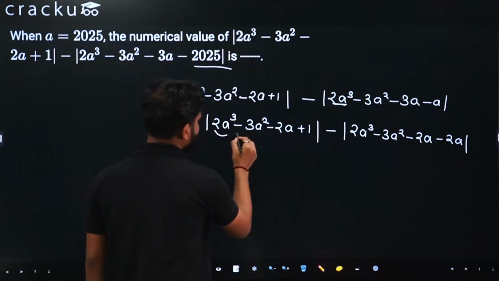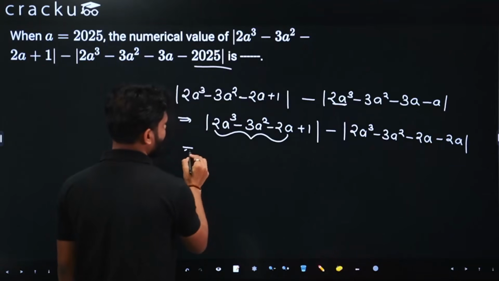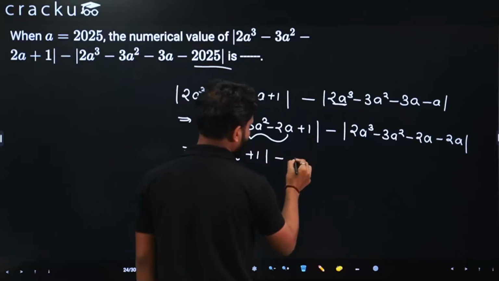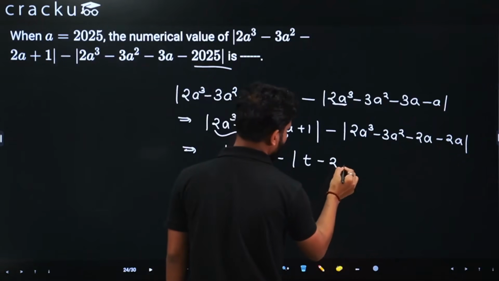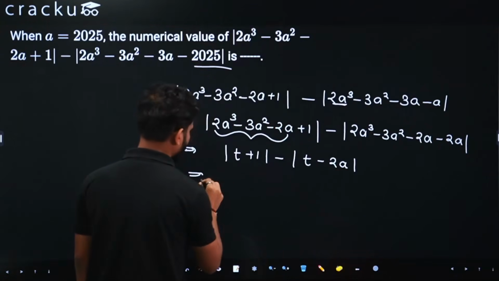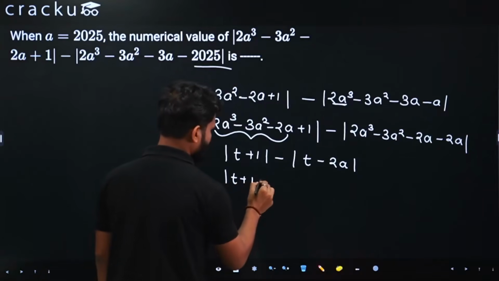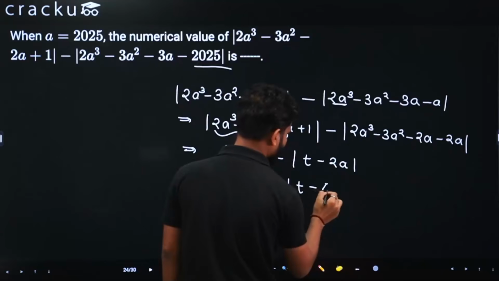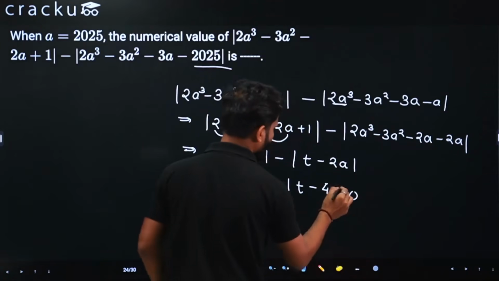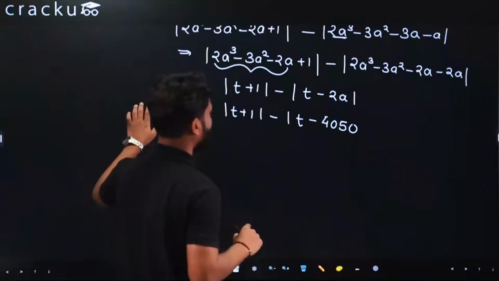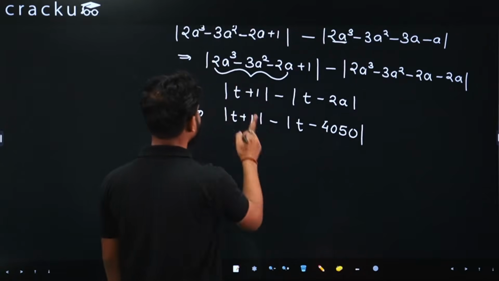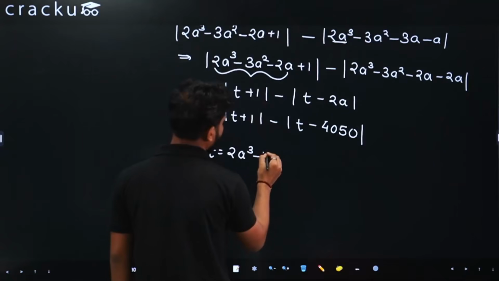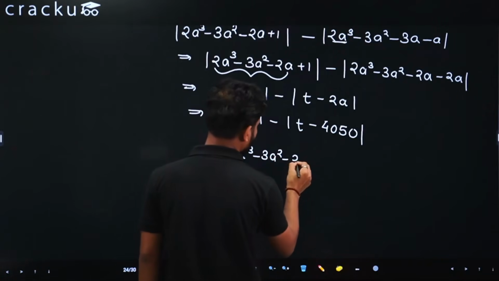Let us say this value 2a cube minus 3a square minus 2a is t. So t plus 1 minus t minus 2a, or t plus 1 minus t minus 4050. Why? Because a is 2025, right? Now look at this t. T is 2a cube minus 3a square minus 2a.